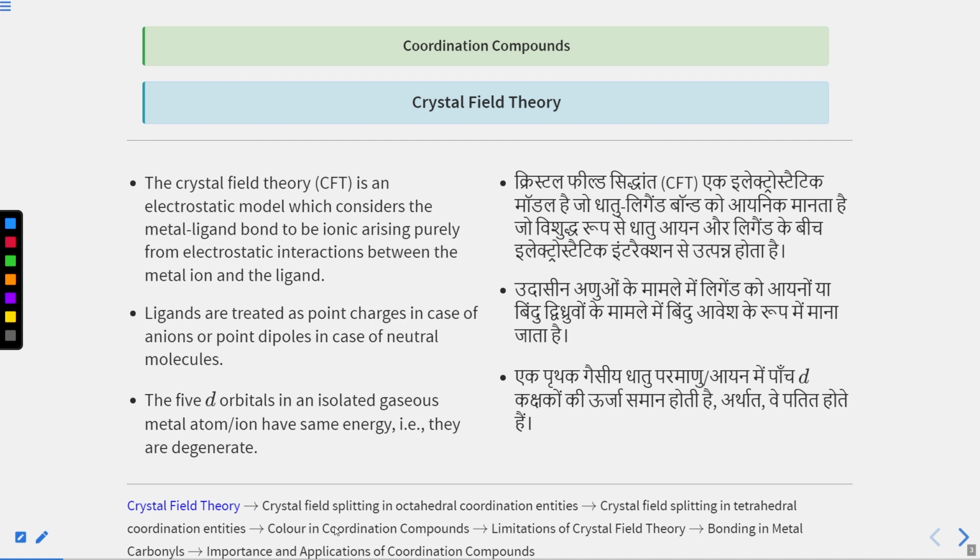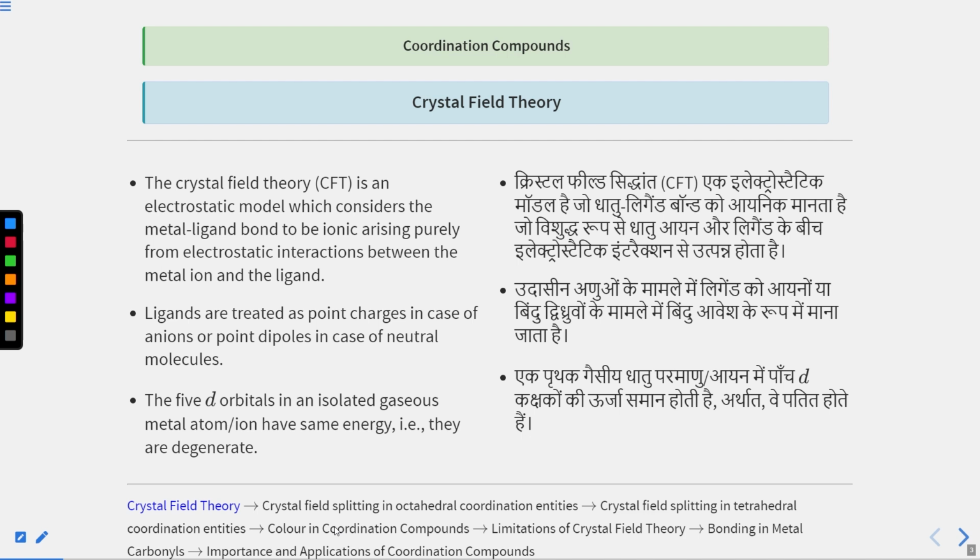The negative part of the dipole will interact with the metal ion, because the metal ion is positively charged, and this interaction between the negative and positive charge is the basis for forming the CFT model. Since there is interaction, the formation of bond takes place between the metal and ligand as a result of this interaction. Is this point clear?